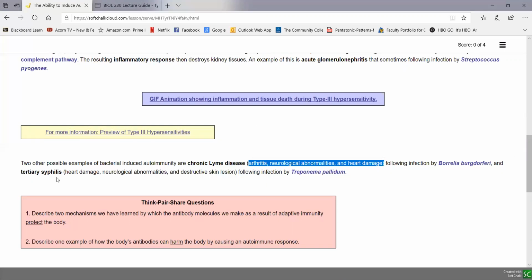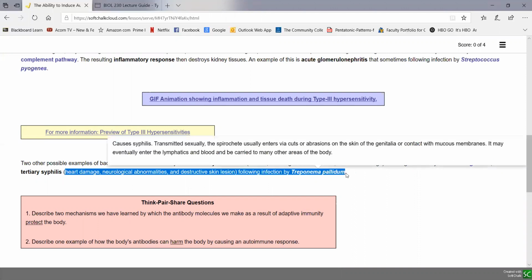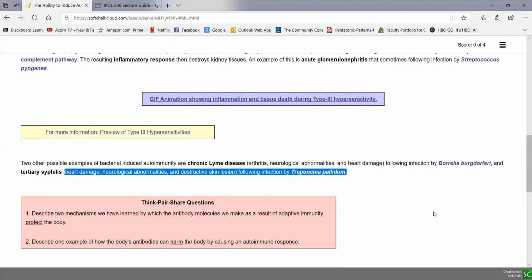And in tertiary syphilis, the heart damage, the neurological abnormalities, the destructive skin lesions are thought again to be due to autoimmunity to Treponema pallidum, the syphilis spirochete. So as you see, we have a few bacteria that can induce autoimmunity and cause damage. And kind of the classic example of that is rheumatic fever following strep throat.